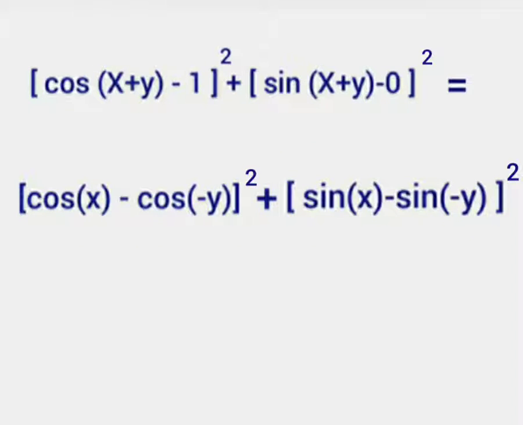Since the two are equal, so we can write (cos(x + y) - 1) whole square plus (sin(x + y) - 0) whole square is equal to (cos x - cos(-y)) whole square plus (sin x - sin(-y)) whole square.